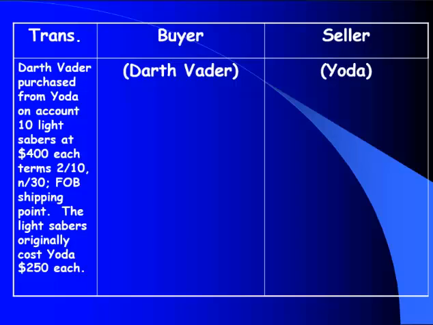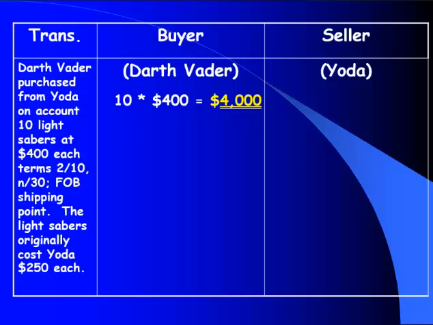Well, the first thing we need to see is the total amount that we are paying if we are the buyer. Now we bought 10 lightsabers. How much are we paying per lightsaber? $400. So 10 times 400 says my total cost to begin with is going to be $4,000. But is there anything else that's going to impact the amount at which I record my purchase? 2/10 net 30.